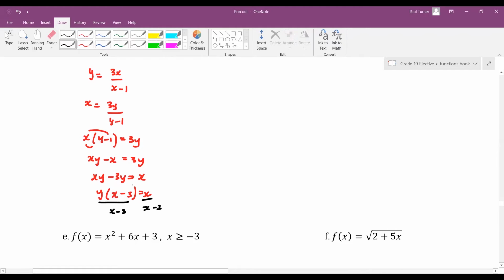Like that, and this one will cancel. So basically the x minus 3 goes down there. So your answer is y equals x on x minus 3. And that's your inverse. F inverse x is x on x minus 3.